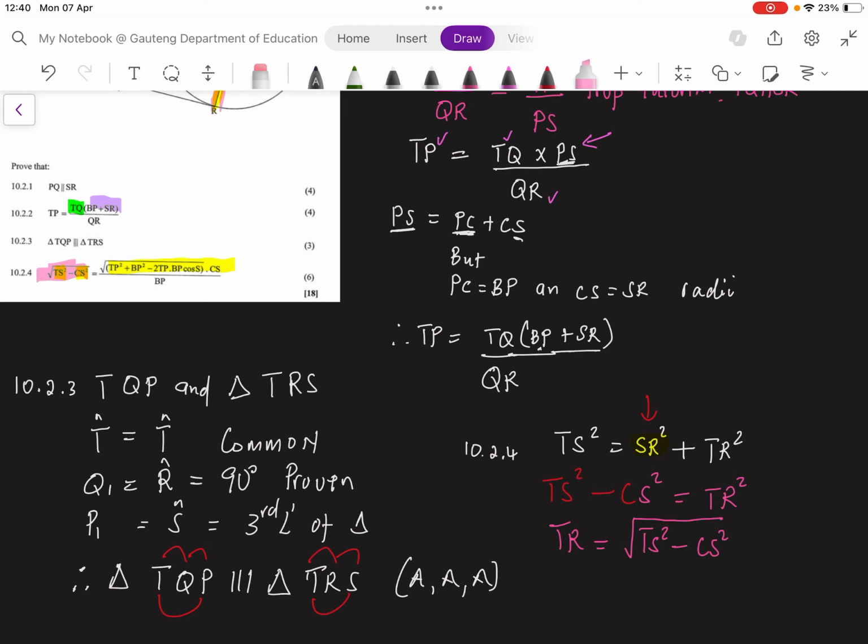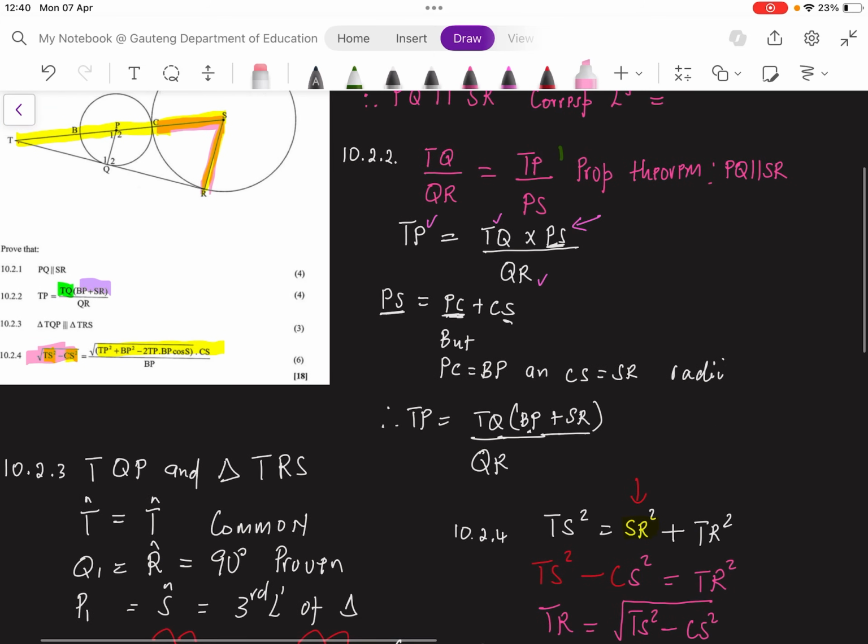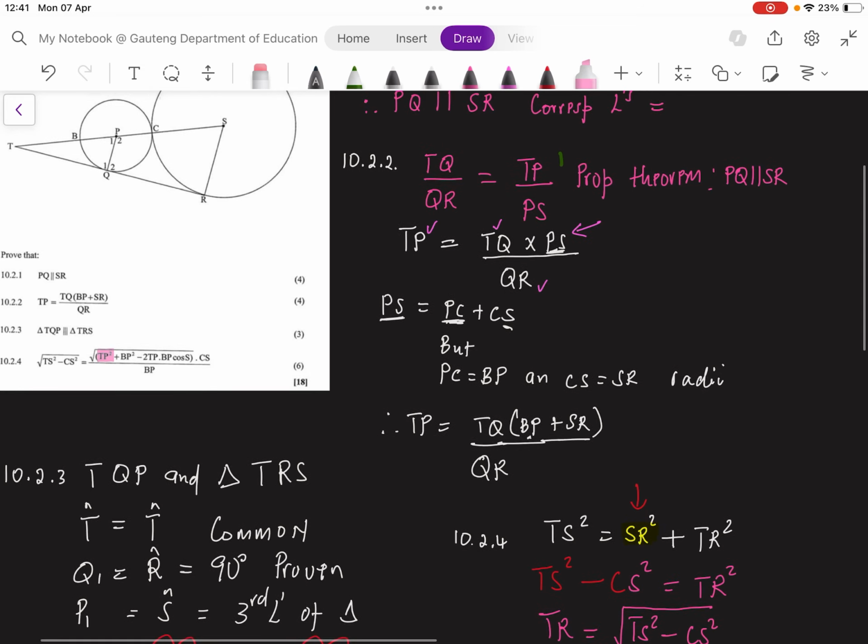What is happening in the right-hand side? Let me check. In the right-hand side, we have TP squared. Where is TP? Let me check. TP. Okay.